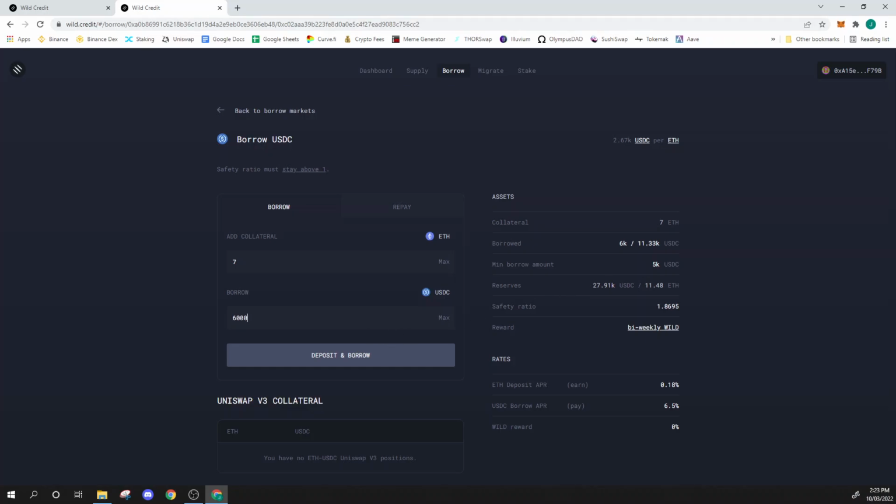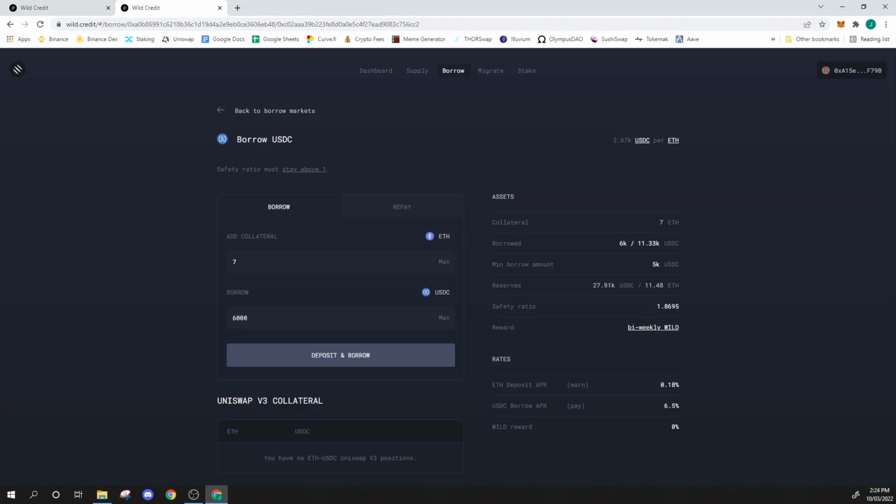So we can see that when I'm looking to borrow $6,000 of the 27,000 USDC, that's equating to a borrowing cost of 6.5%. And if I'm looking to take out more, naturally, if you're pulling more of those reserves out, the interest rate formula will flow through into charging a higher interest rate.